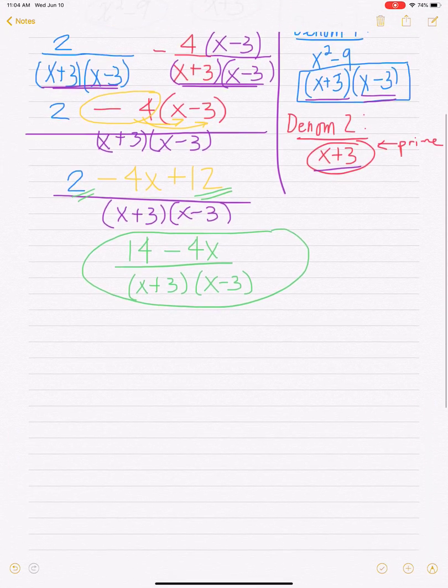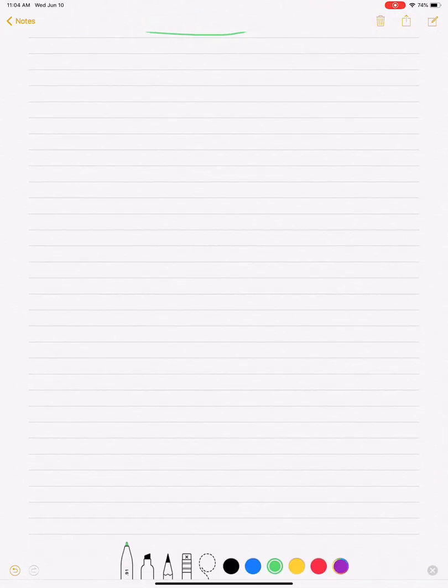Let's do one more problem, number 6. This will be our final problem. This one's a little more complex. We have 2 on top, and bottom we have x squared plus 3x minus 18. That's the first fraction.